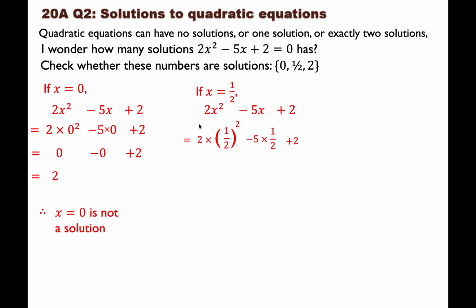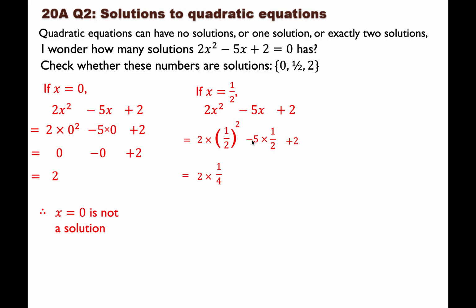Now we can figure out each of these terms. The first one, copy down the 2 times, 1 squared over 2 squared. You might remember the index rule where you can put a squared on the top and a squared on the bottom. So this is 1 squared divided by 2 squared, or 1 over 4. Another way of thinking of it is that it is a half times a half, which is a quarter.